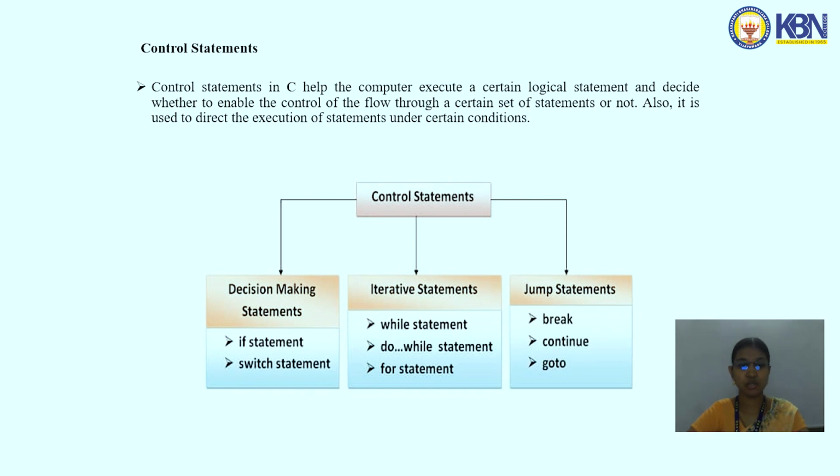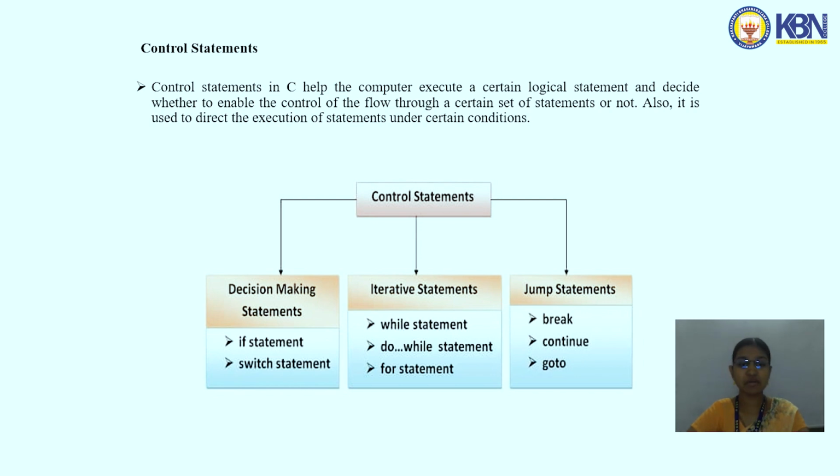First one is decision making statements. Decision making statements are categorized into two statements: the if statement and the switch statement. Another type is iterative statements, also known as repetition statements or iteration statements. In these there are three types: the while statement, the do while statement, and the for statement.